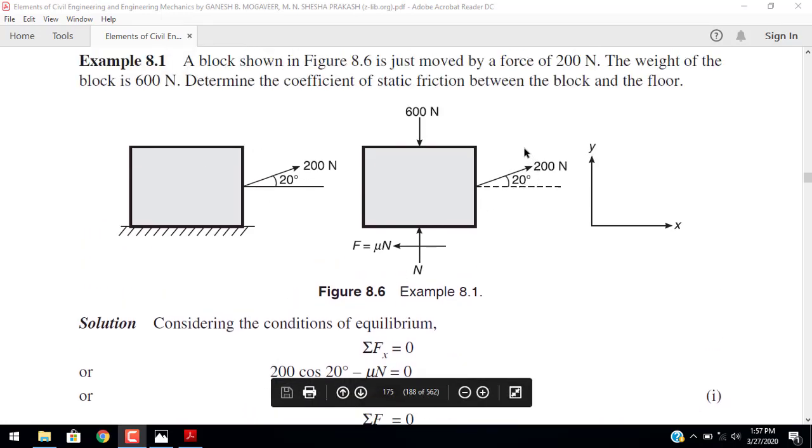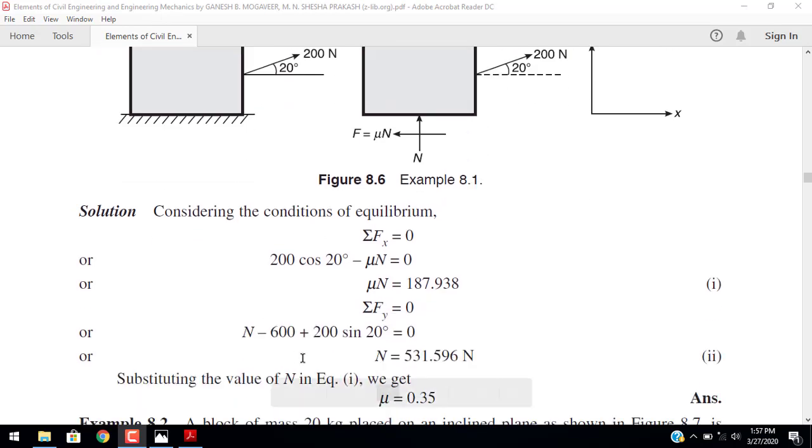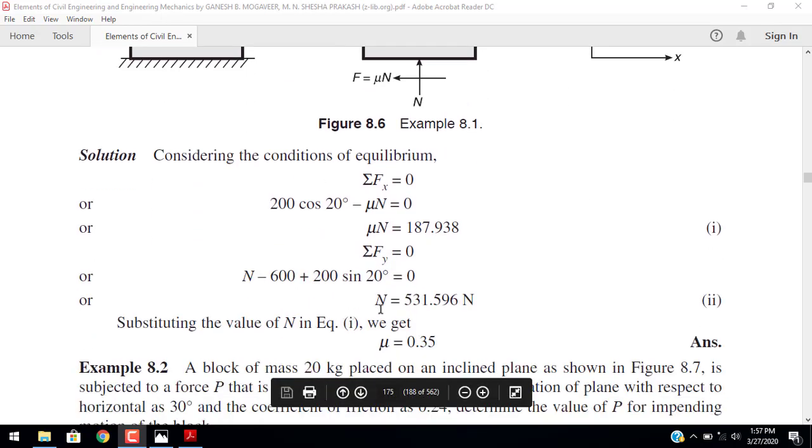Next is the vertical component of this 200 Newton, which will be acting in the upward direction, equal to 200 sin 20 degrees, which is positive. Further if you simplify this, N will be equal to 531.59 Newton. Further if you solve equations 1 and 2, we will get the value of the coefficient of friction mu equal to 0.35.